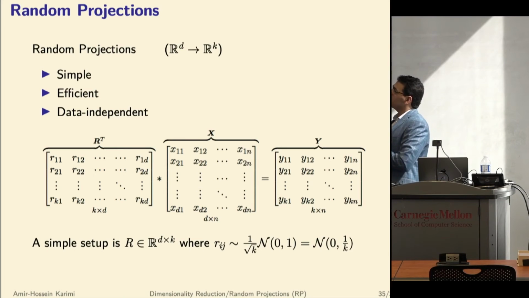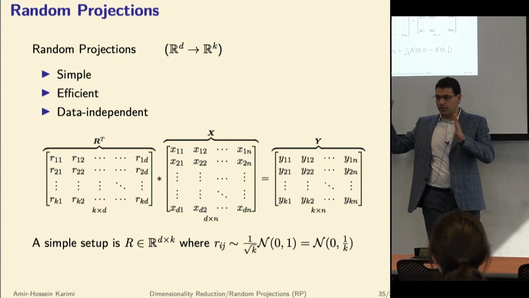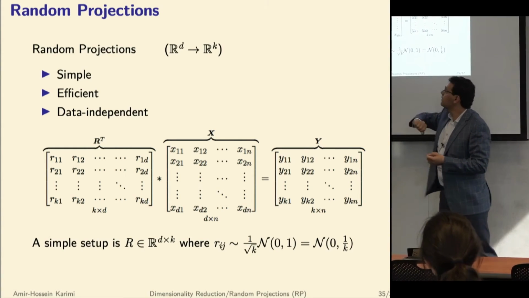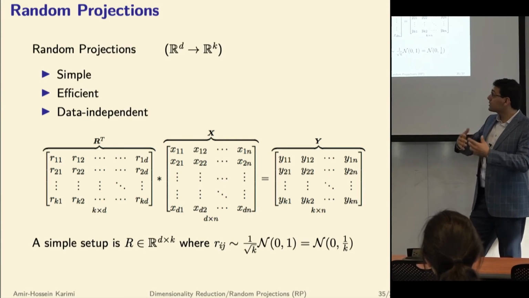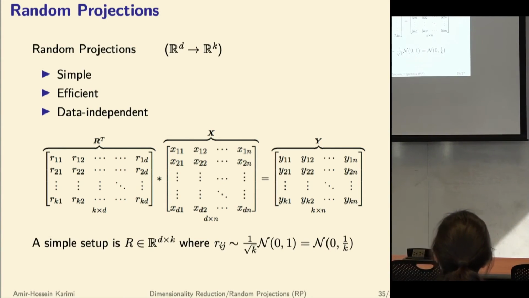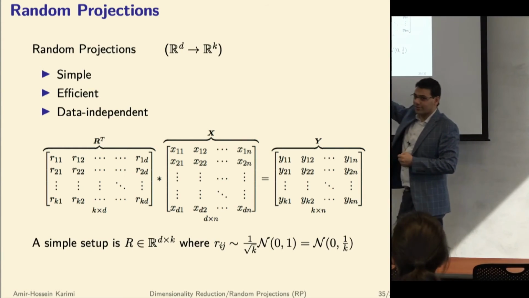Turns out there's a very elegant method called random projections. So I want to remind you that this was the original data that we had, the dimensions and samples. We found some matrix U, which was the collection of all the eigenvectors corresponding to the largest eigenvalues. We took the product of those two because it's a linear transformation, and then we got our embeddings Y. Now, it turns out that computing the U's was very expensive.